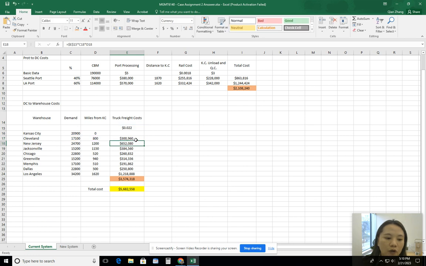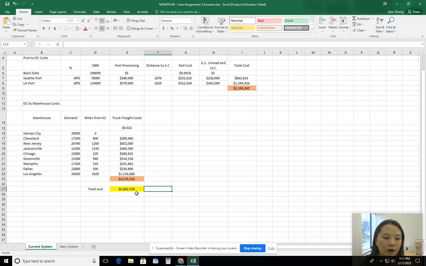So we will have the cost for each warehouse, and then we just sum all the costs together, and we will be able to have the total cost for the freight. And then we have finished all the analyzing about the cost.